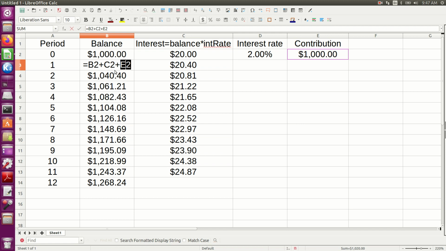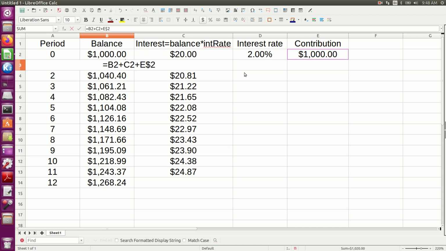Now remember that $1,000 just sits there the whole time, and since we aren't changing it, we're going to put a $ sign on the, oops, I put it after the 2. I'm going to put a $ sign on that 2 so that it doesn't change, because that's always there.